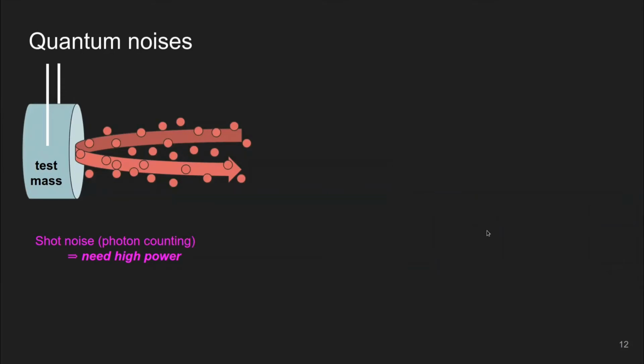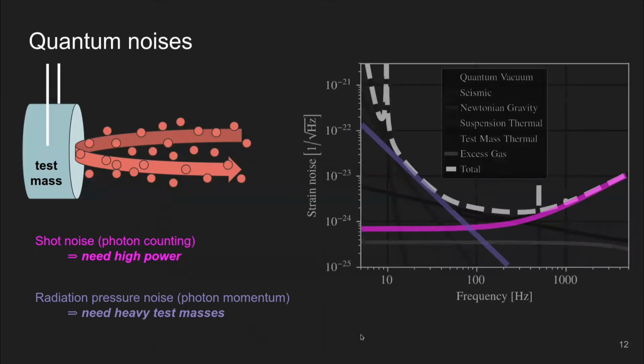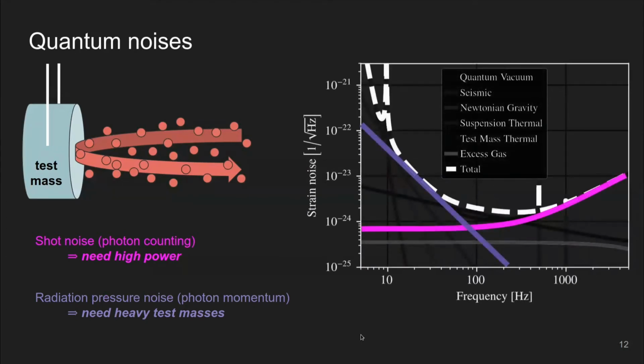There's also a radiation pressure noise. So the stochastic momentum impinging on the test mass moves it around. It creates a noise, and so that's why the test masses have to be heavy. That's why they're tens of kilograms. And so these two sources, when you put them on the noise plot together, make up the quantum vacuum noise that I showed earlier.